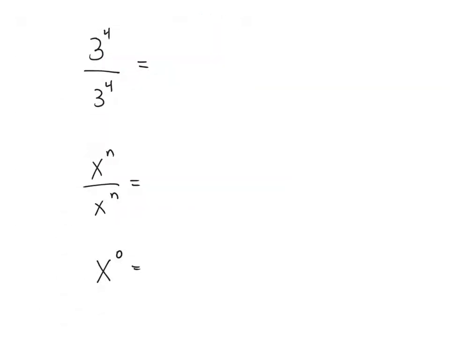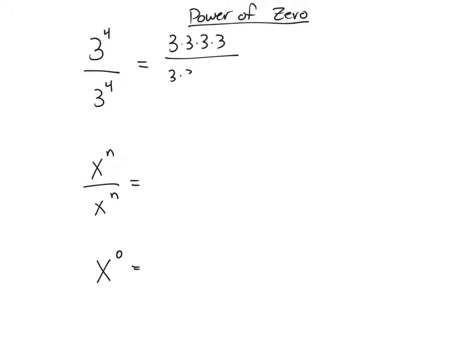This is where zeros come from. So I'm actually going to add a title, power of 0, because I think it's an important idea of how we get it. If I have 3 to the 4th over 3 to the 4th, I really have 3 times 3 times 3 times 3 divided by 3 times 3 times 3 times 3.